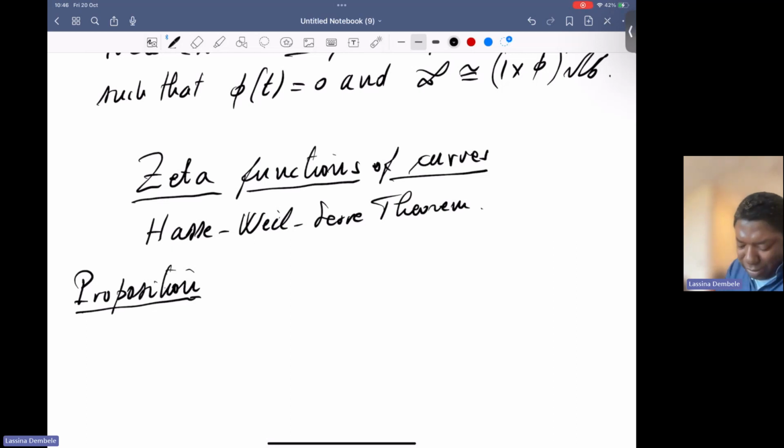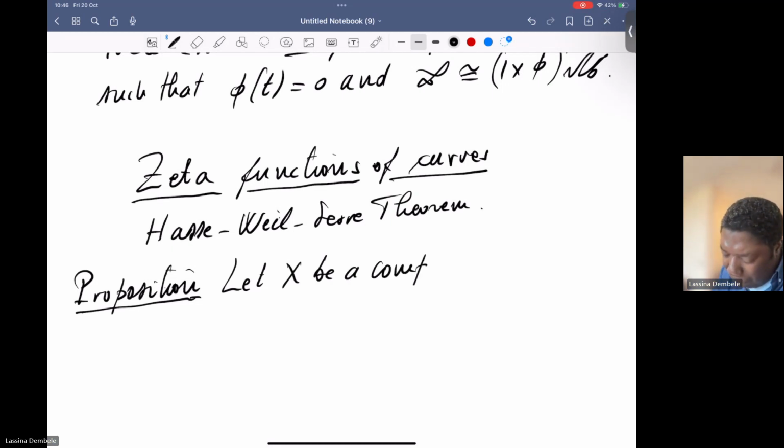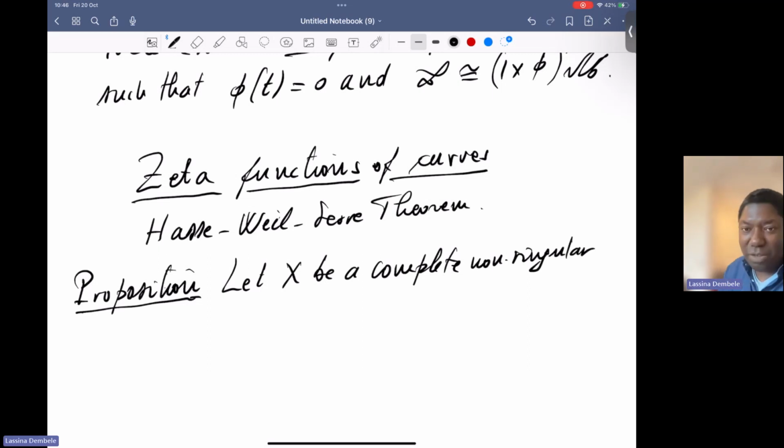And the proposition says the following. So again, we let X be a complete non-singular curve. It's a complete non-singular curve over K, a finite field.